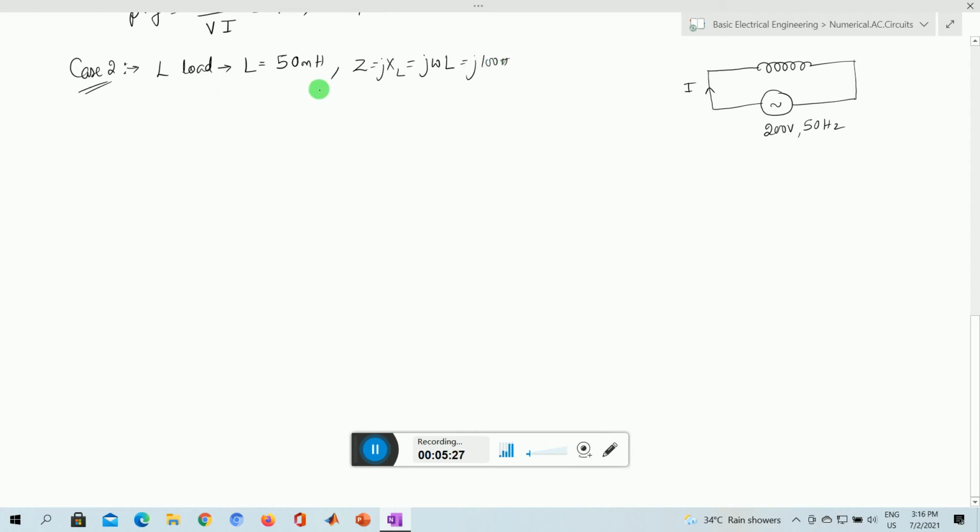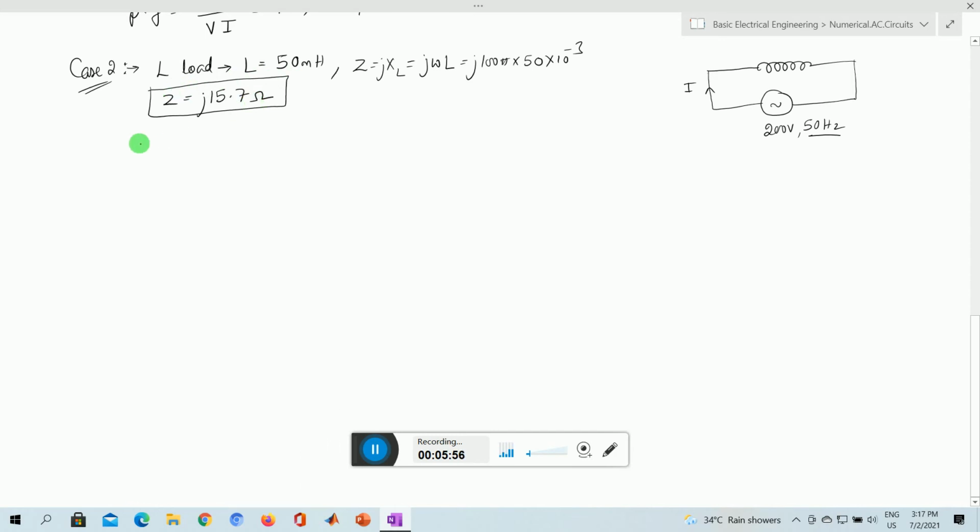If f is 50, the frequency is 50, this is 100 pi into 50 into 10 to the power minus 3, which gives the value of Z equal to j 15.7 ohm. So we get the value of impedance in ohms.